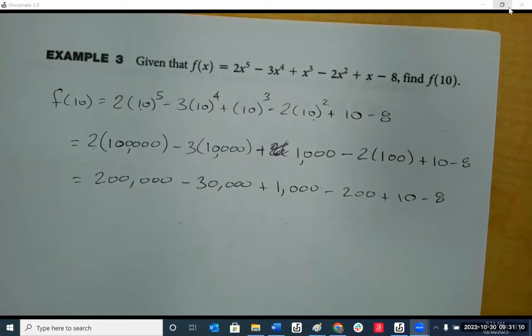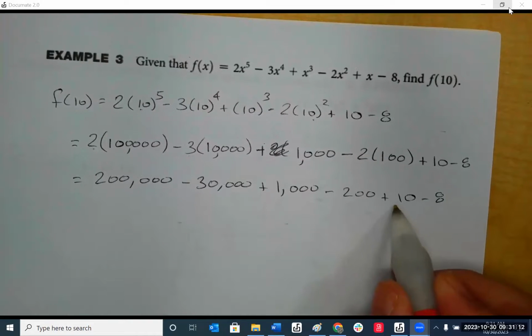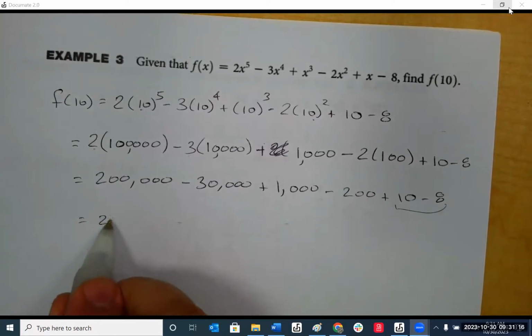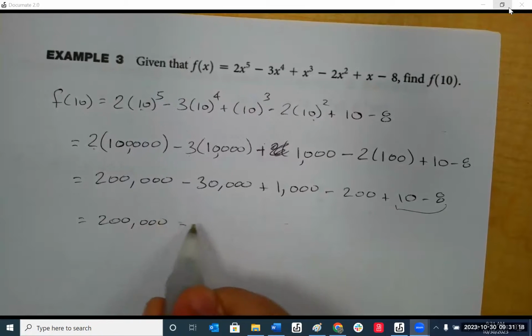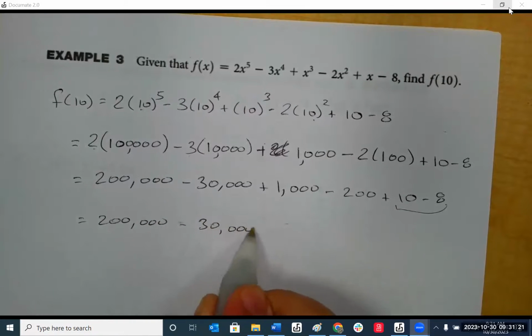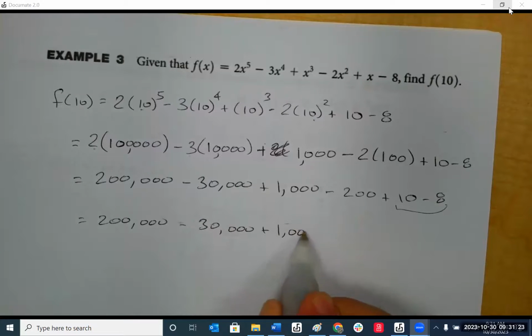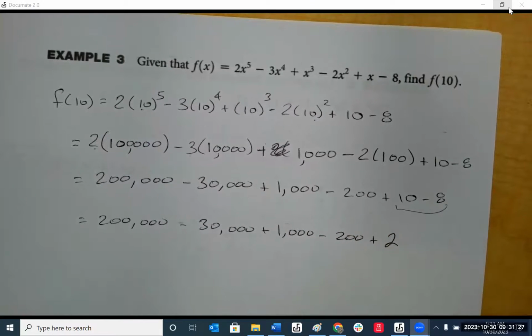It's much easier if you start from this, in this case, 10 minus 8 is 2. Ten minus 8 is 2.